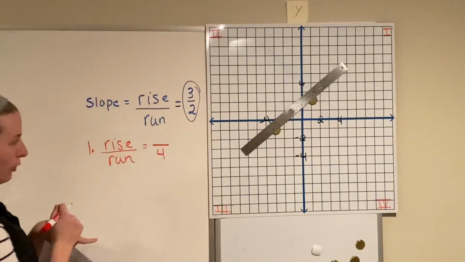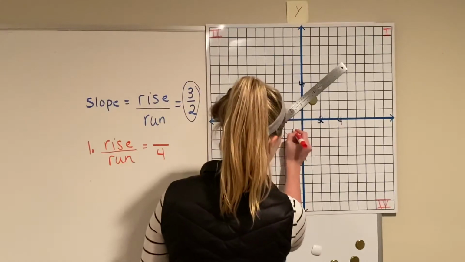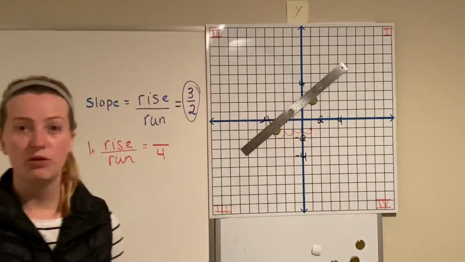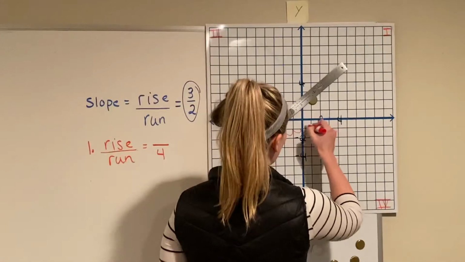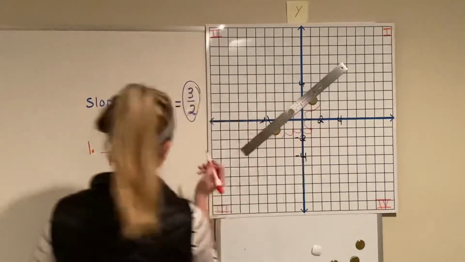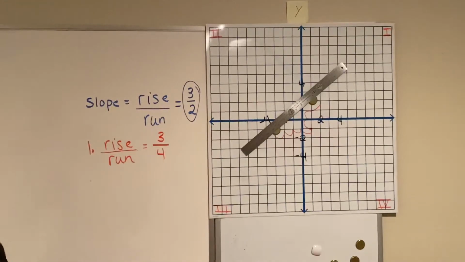I had a run of 4. And now I'm asking myself, what was my rise? What was my vertical change? 1, 2, 3. I experienced a 3-unit change, so my slope is 3 over 4.